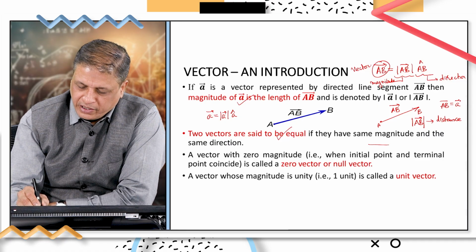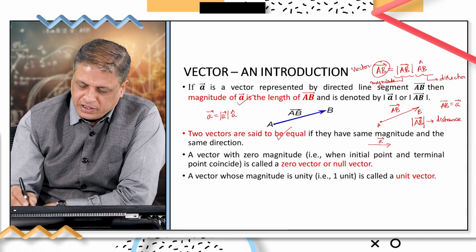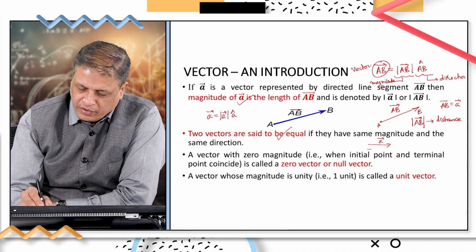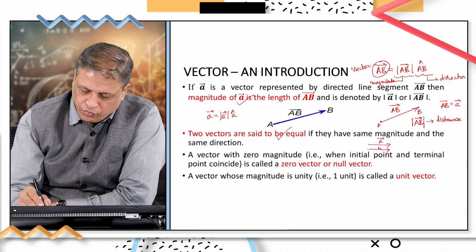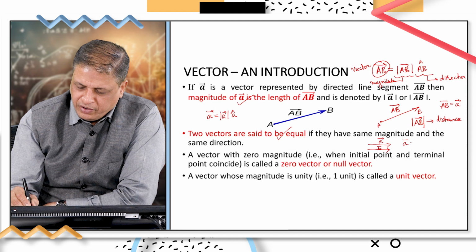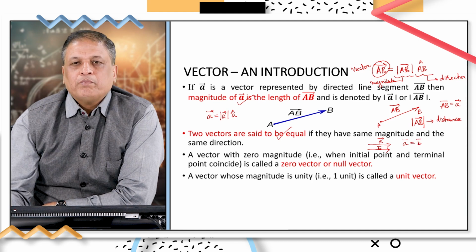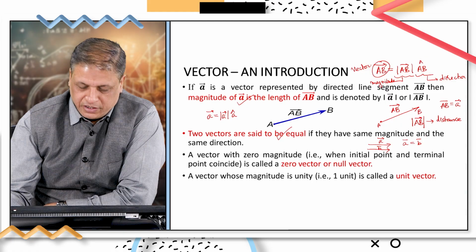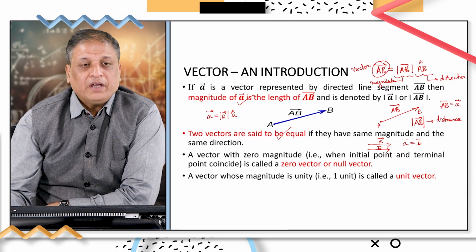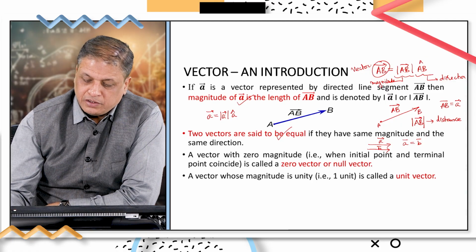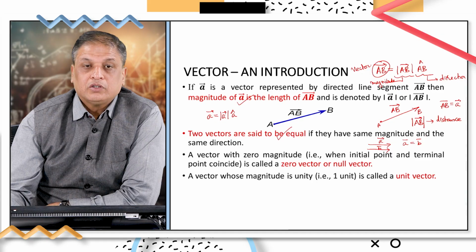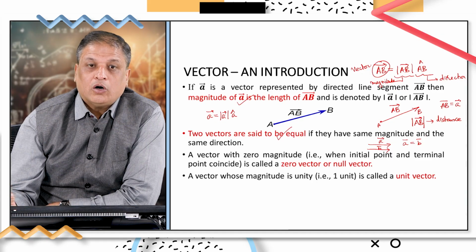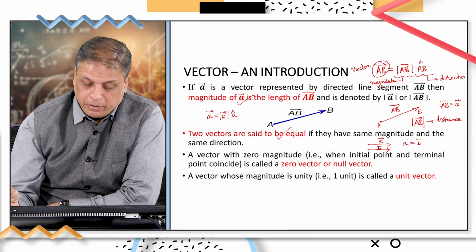So, if there is, say, vector A, and we have another vector, vector B, both A vector and B vector are equal because they have the same magnitude and the same direction. But if the magnitude of the vector is, say, null, you may ask how the magnitude can be null.